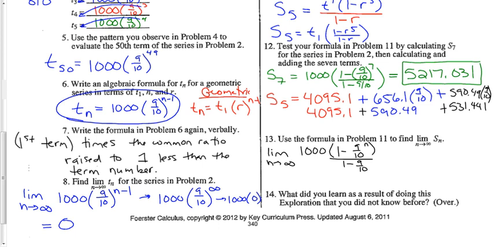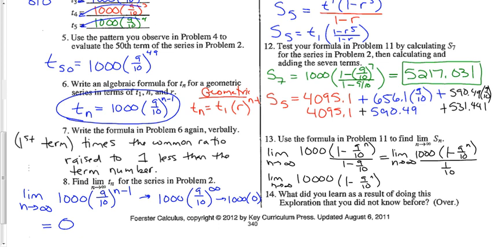So from here, we can work this out. 1 minus 9 over 10 is going to be 1 over 10. So this is my limit as n approaches infinity of 1,000 times 1 minus (9 over 10) to the n, all over 1/10, which really means we have the limit as n approaches infinity of 10,000 (we multiply by the 10) times 1 minus (9 over 10) to the n.